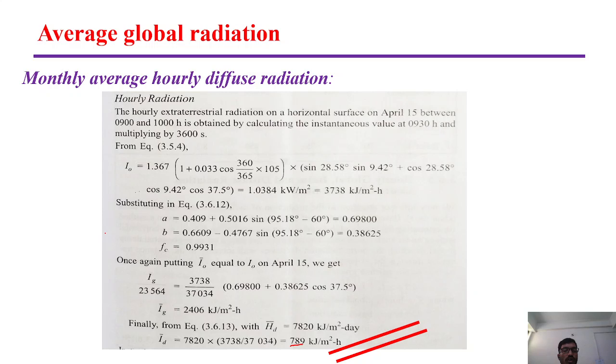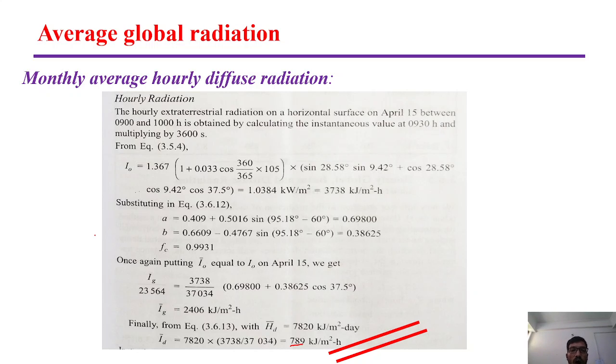So these are the basics of solar radiation on terrestrial and extraterrestrial surfaces. First we calculated for the extraterrestrial, then the terrestrial solar radiation.